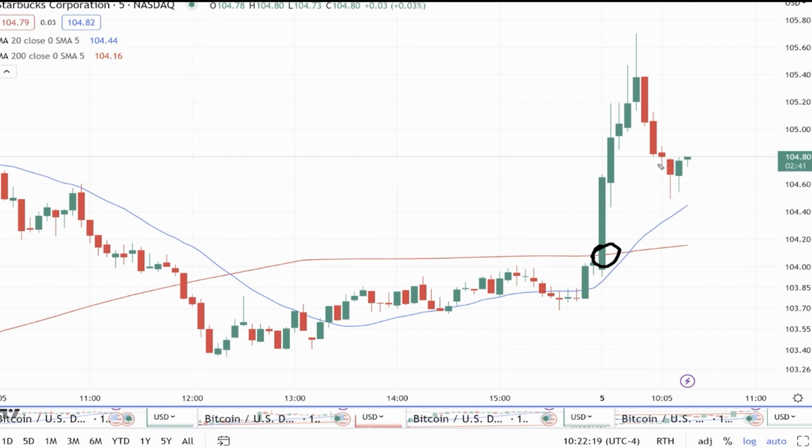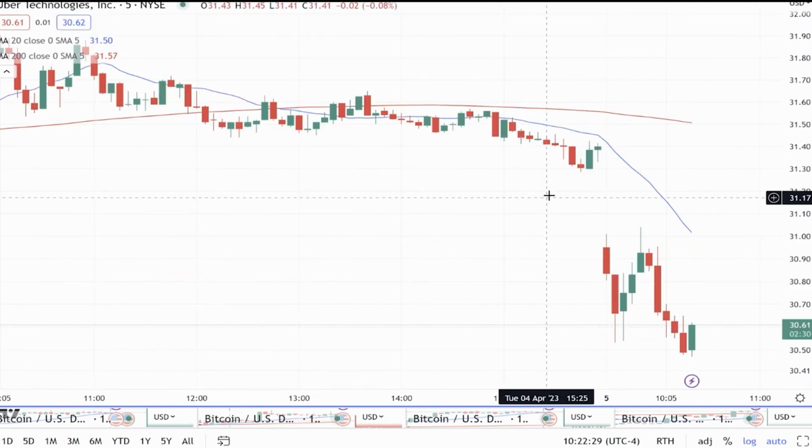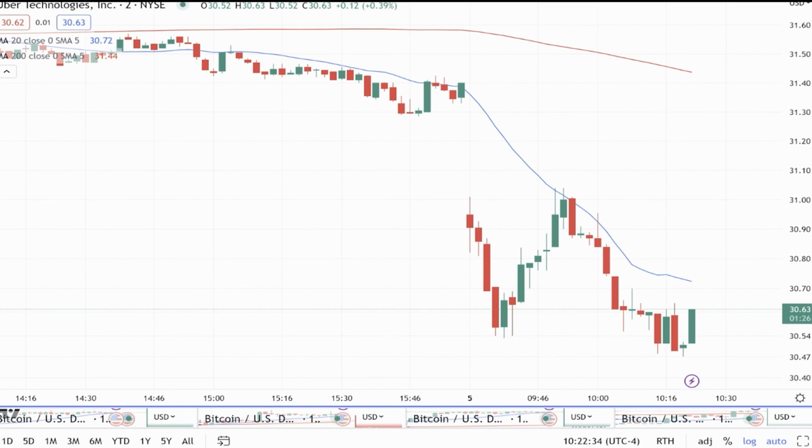Loke is saying Uber also had something dual happening on the 15. Let's take a quick look. Here is the 2 minute time frame of Uber. We're coming to something, right? We're coming to a declining 20 period moving average.